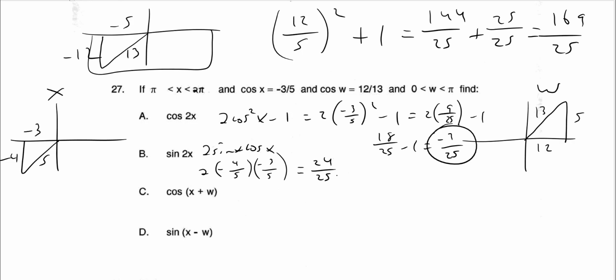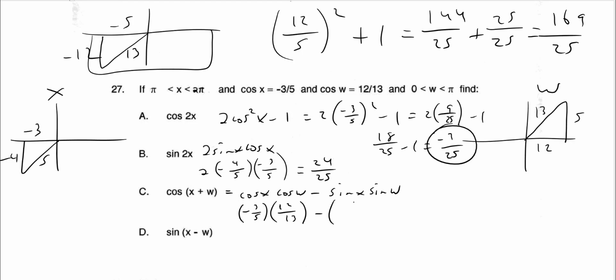Okay. C, again, you got that x plus w, so I'm going to rewrite it here. It's cosine of x, cosine of w, and then opposite sign minus sine of x, sine of w. So you're just pulling everything off of the triangles. So cosine of x is negative 3/5. Cosine of w is 12 over 13.